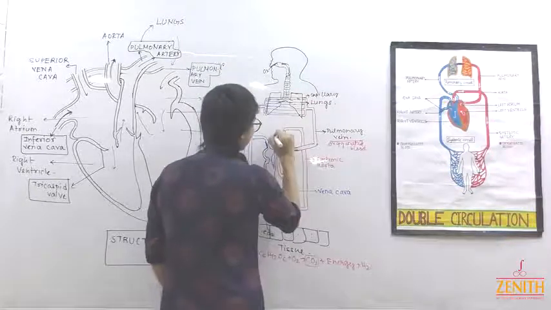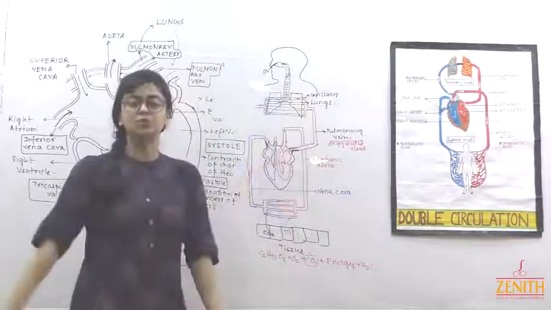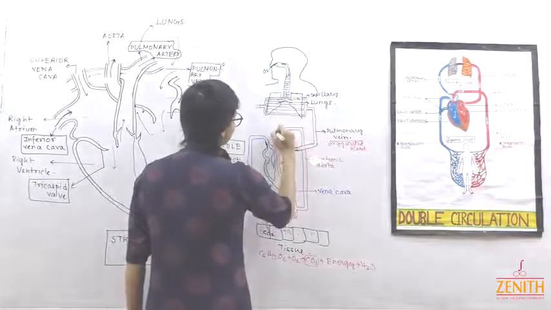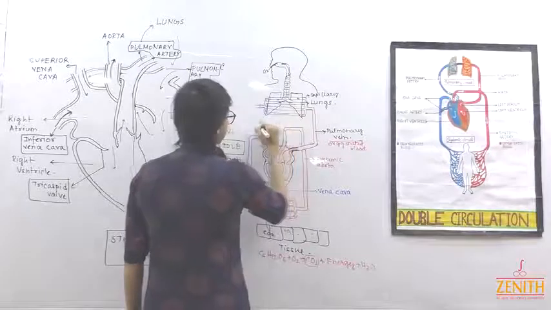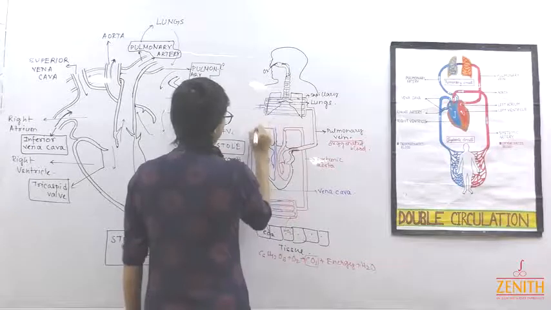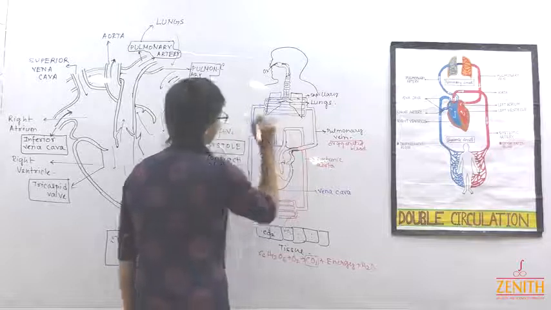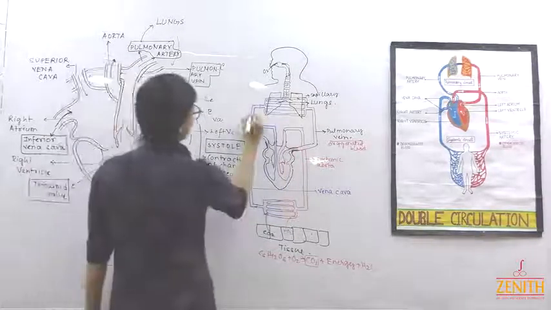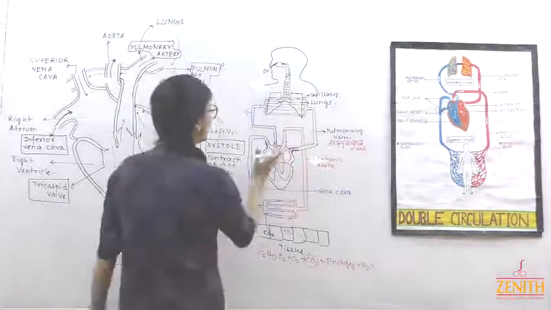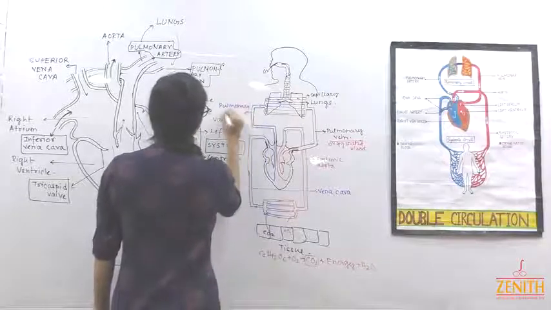So the tricuspid valve gradually opens and gives the blood from the atrium to the ventricle. Then from the ventricle, a vessel will carry this deoxygenated blood back to the lungs. This particular artery, which takes the deoxygenated blood from the heart to the lungs, is called the pulmonary artery.